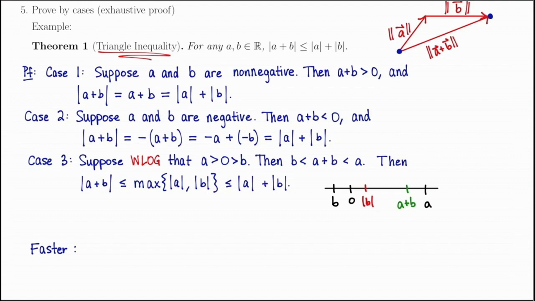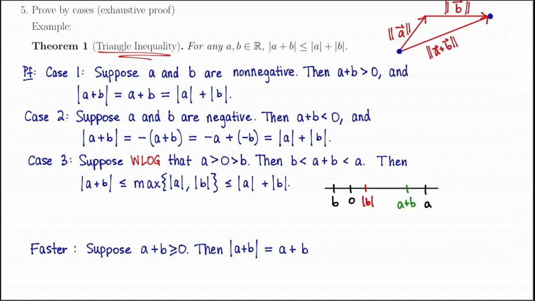So first, let's suppose that a plus b is non-negative. So suppose a plus b is greater than or equal to 0, then the absolute value of a plus b is just equal to itself. Now here, a could be positive or negative, likewise b, we don't know the signs, but any number is always less than or equal to its own absolute value.